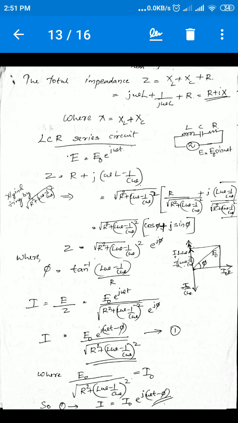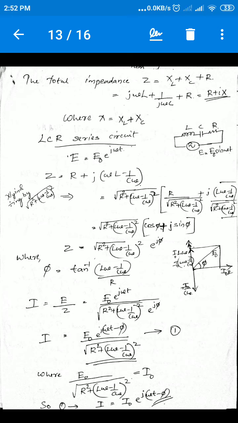And E0, the applied voltage, is at angle phi with the voltage across the resistance. So the applied voltage is always in phase with the voltage across the resistance. Okay, so now we need to find the value of phi here. Phi, how can you find the value of phi?